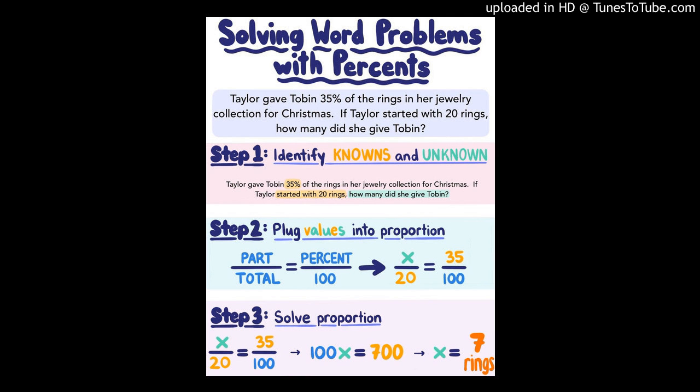Page 10. Jane paid $40 for a pair of jeans after she received a 20% discount. What is the original price of the jeans? Number 1. Are we solving for the part, whole, or percent? Number 2.